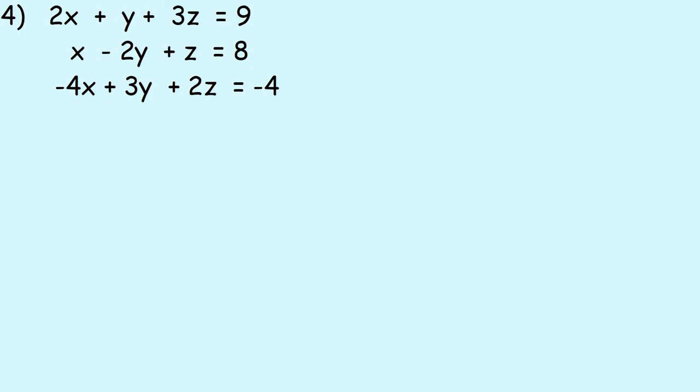Let's reiterate. We're trying to get it down to less and less variables. So we want to eliminate them. So let's take the first 2 and eliminate x. And then we're going to take the bottom 2 and eliminate the same variable. So on both of these, we're going to start by eliminating x. Okay, step 1.